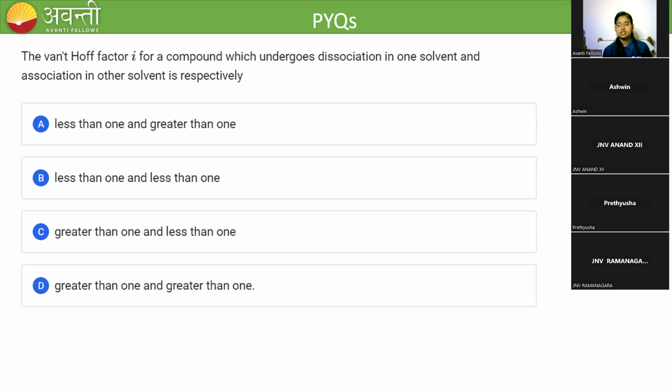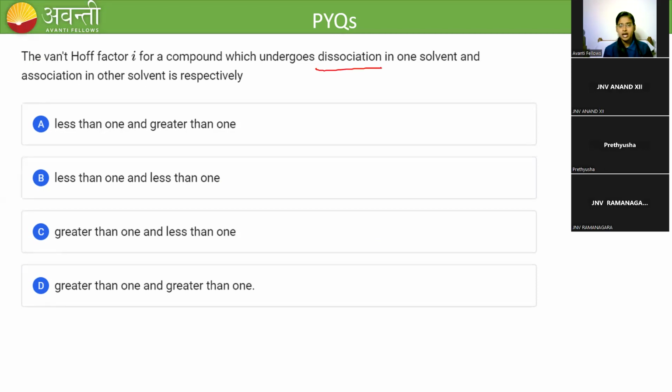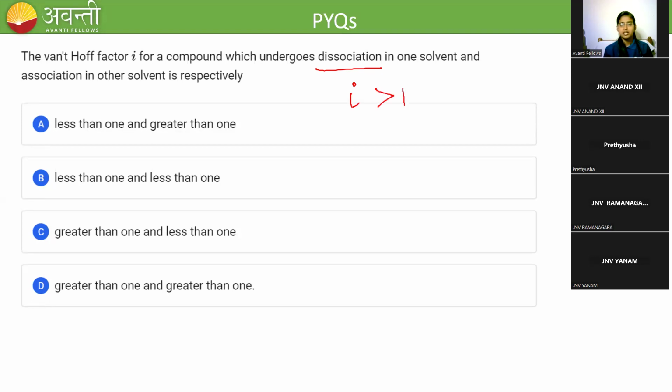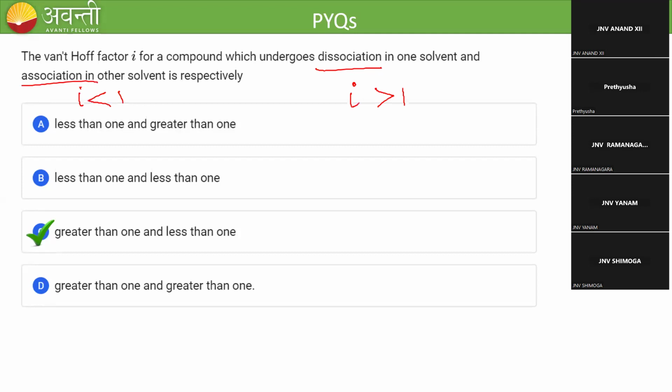And for association, is it greater than 1 or less than 1? For dissociation, the i value will be greater than 1. And for association, the i value is less than 1. So option C is the correct answer. Straightforward theory questions, nothing to do with the mathematical part here.